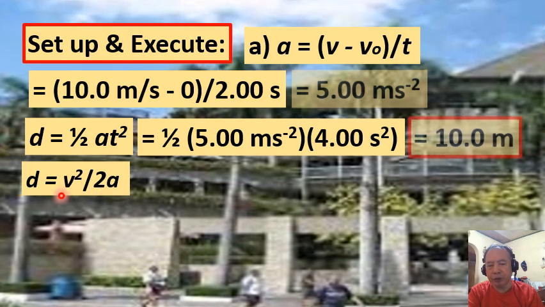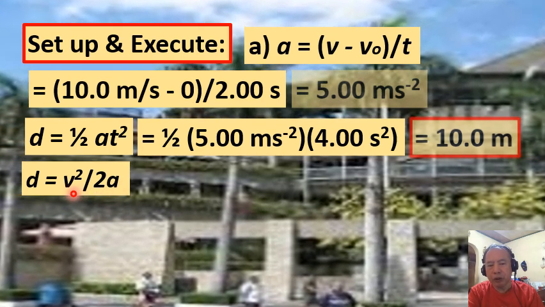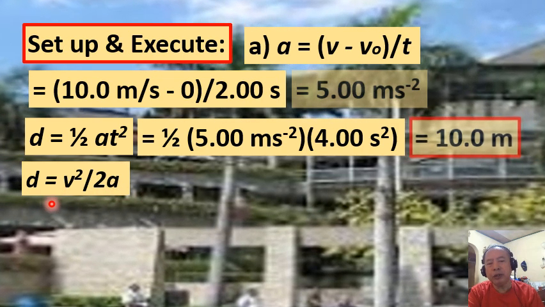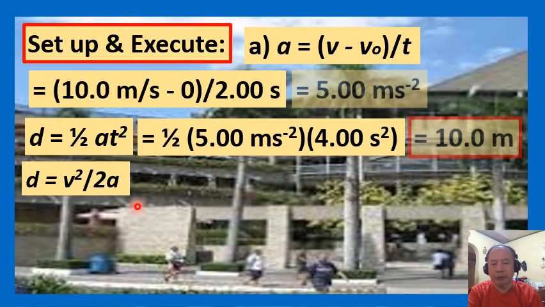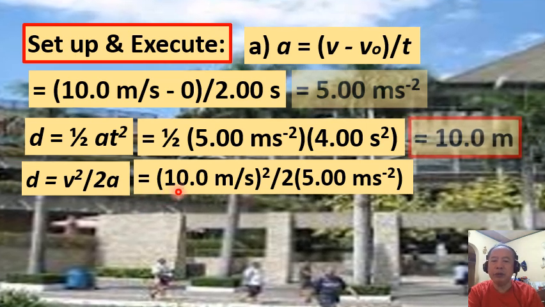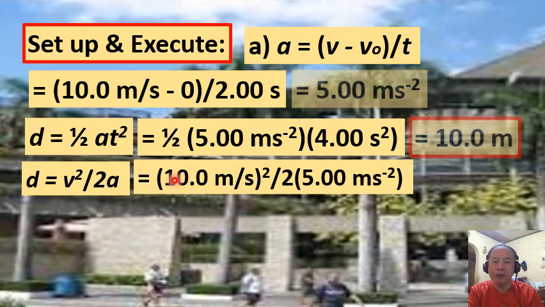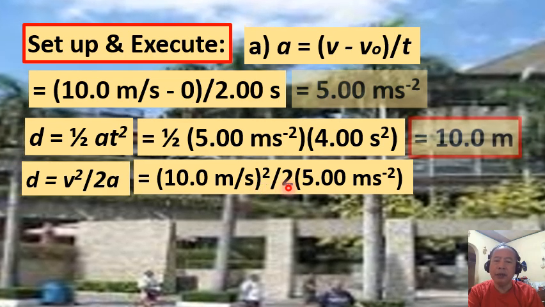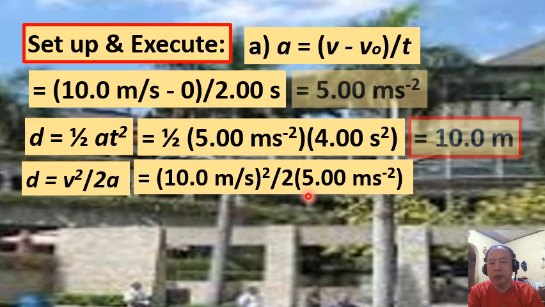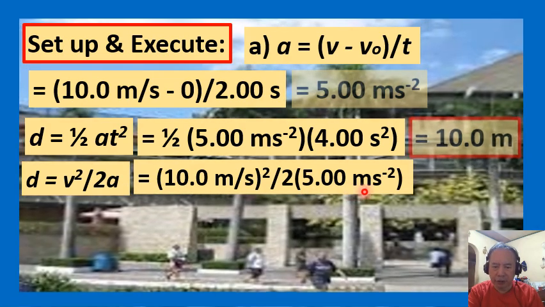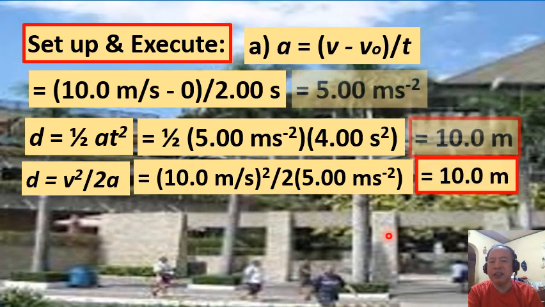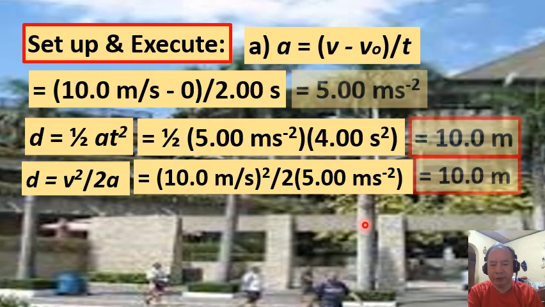This is the formula to use if you're given the final speed and you already know the acceleration without using the given time elapsed. So substituting, we get distance d is equal to 10.0 meters per second, squared, divided by 2 times the computed acceleration, 5.00 meters per second squared. Again, doing our math, we get the same answer for the distance d equals 10.0 meters.